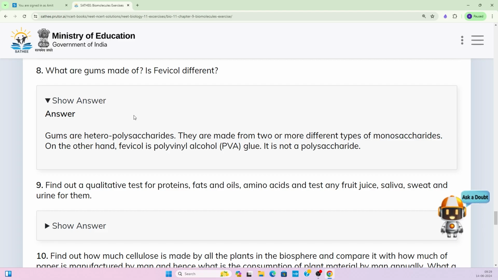Though both are used as adhesives, gums and Fevicol, chemically the gums are heteropolysaccharides, whereas Fevicol is a polyvinyl alcohol, which is not a polysaccharide. So this is the difference between gums and Fevicol.